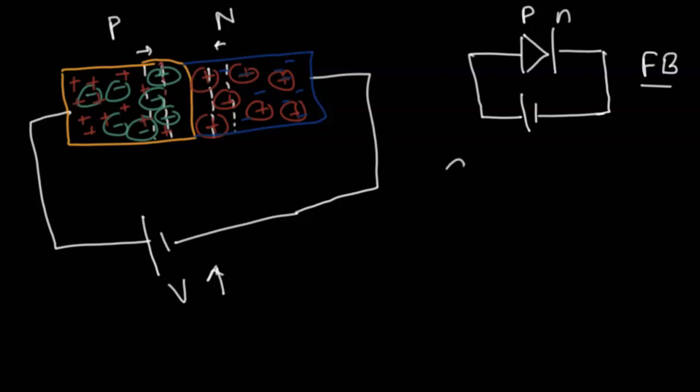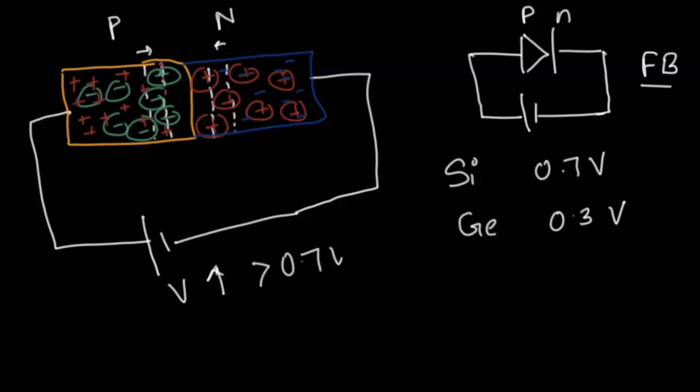For a diode made of silicon, 0.7 volt is the breakout voltage, and for germanium it's 0.3 volt. So if my supply voltage is more than 0.7 volt, the depletion region becomes very small, and the resistance offered by the depletion region is negligible.